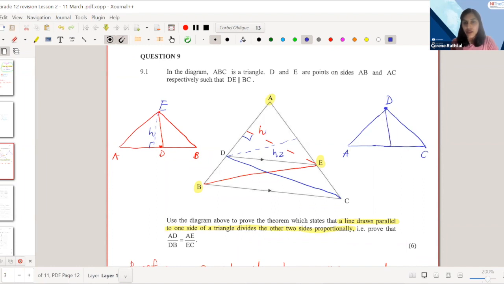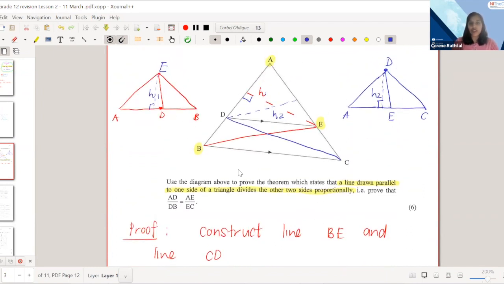Okay, so we have got E, and of course the line that I had just drawn for H2, which is meant to be perpendicular, and so that is H2. So these are two triangles that we've now obtained, and in the one triangle we've got a height of H1, and in the other triangle we've got a height of H2. So this is important because it's going to help us talk about the area of each of these triangles. So let's use that and keep that in mind. Okay, so that's what we've got.